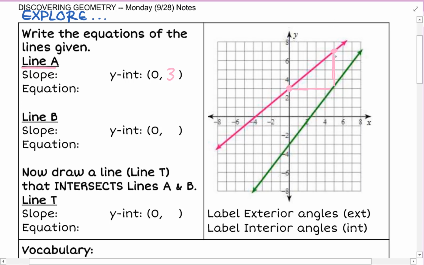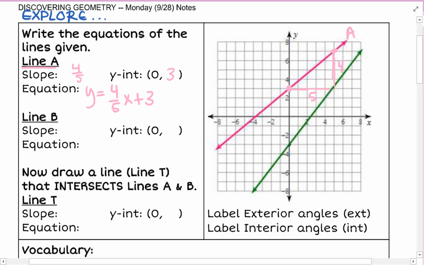The delta y is 4 and delta x is 5. And as we look at this line from left to right, it is increasing, so our slope is positive 4 over 5. Y equals 4 over 5x plus 3 is the equation of line A, the pink line.